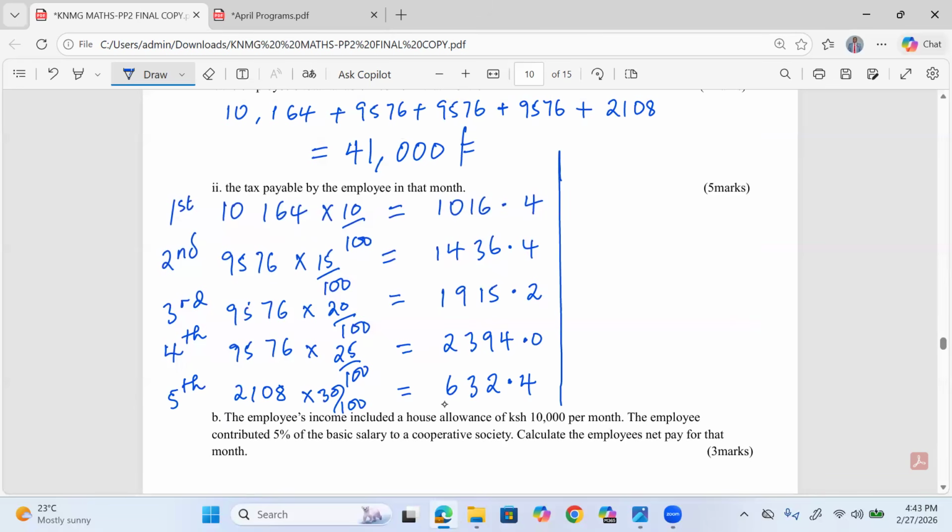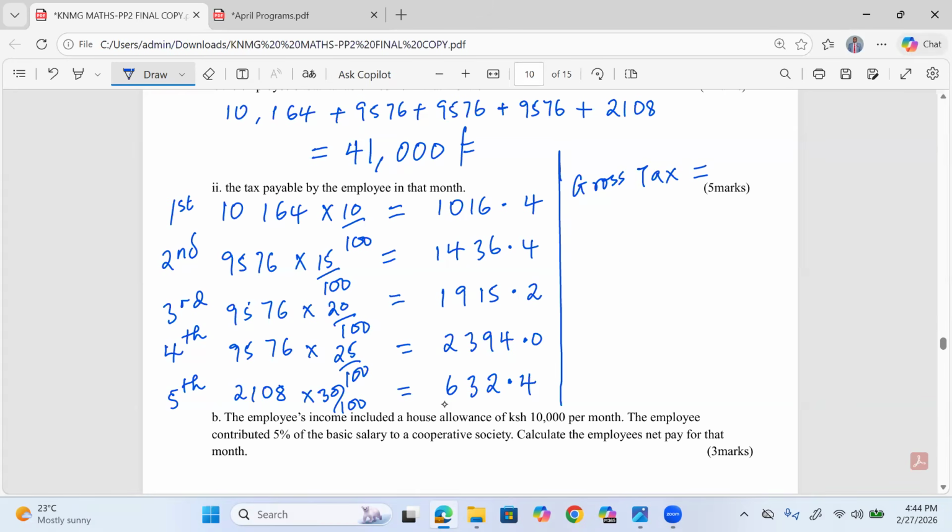we can talk about the gross tax, which shall be the addition of the respective taxes from all the brackets. 1016.4 plus 1436.4 plus 1915.2 plus 2394.0 plus 632.4.